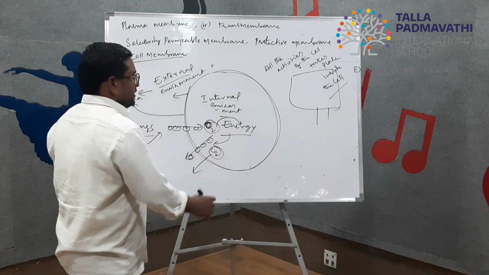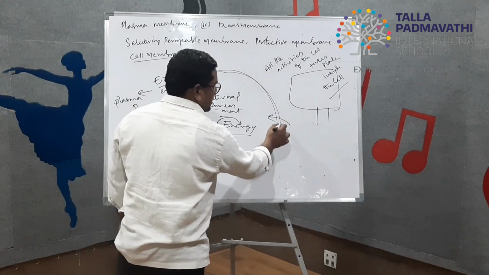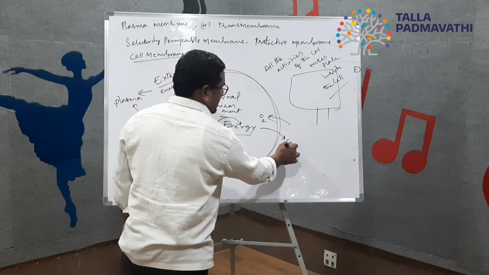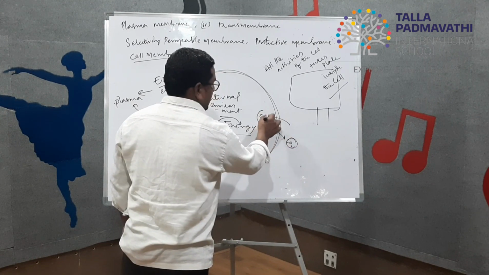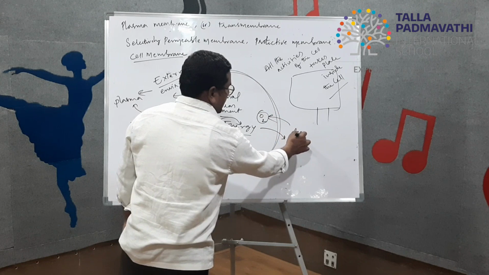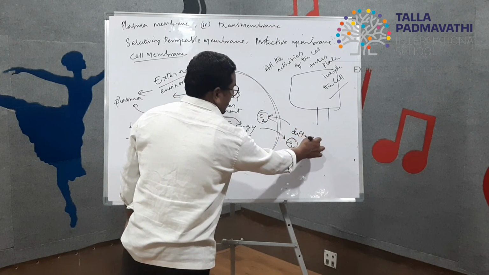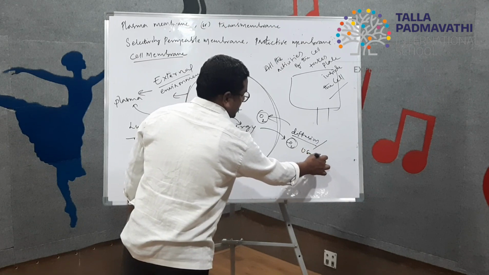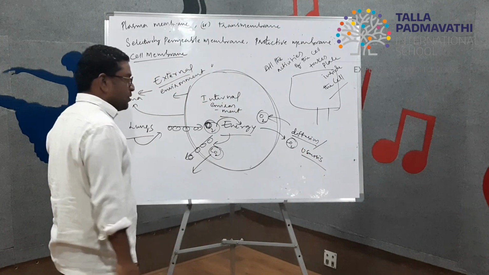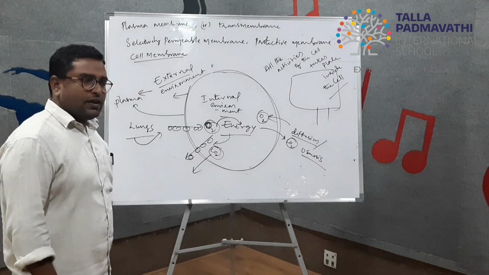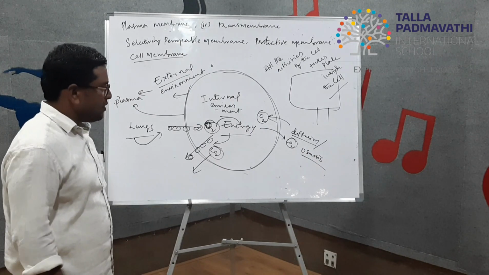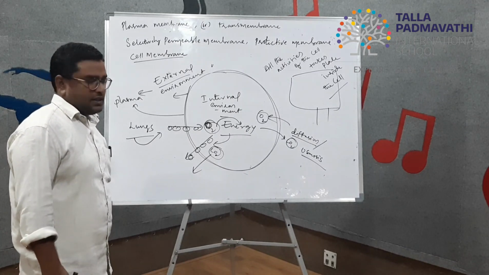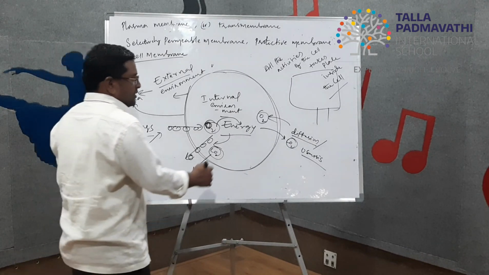The intake of oxygen and removal of carbon dioxide takes place by the diffusion or osmosis process. Majorly osmosis is involved in the exchange of substances.